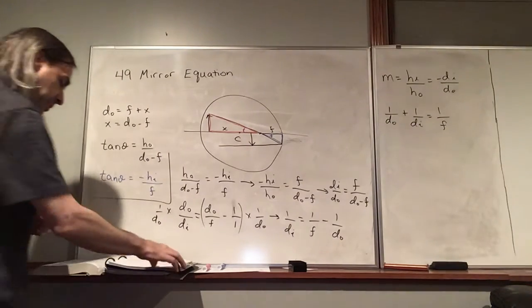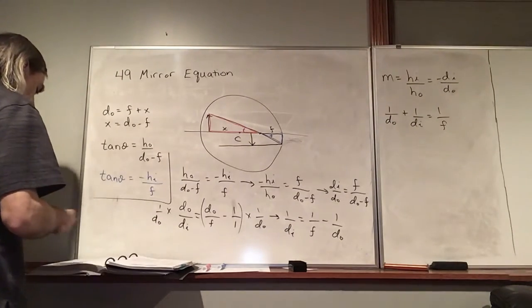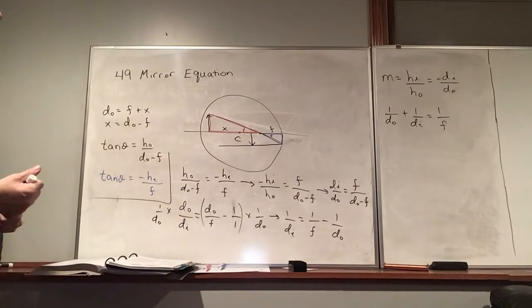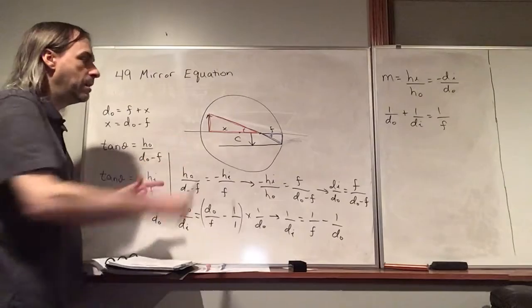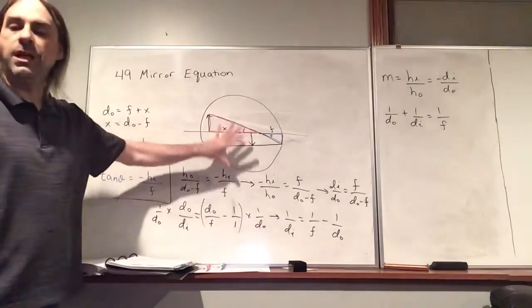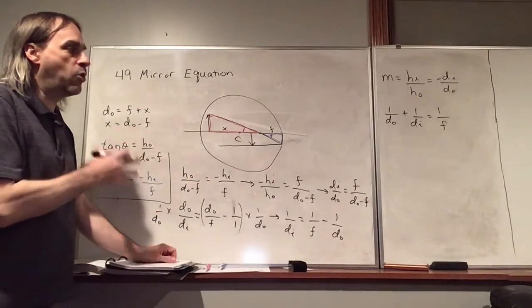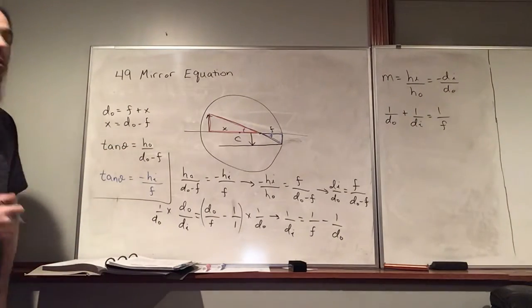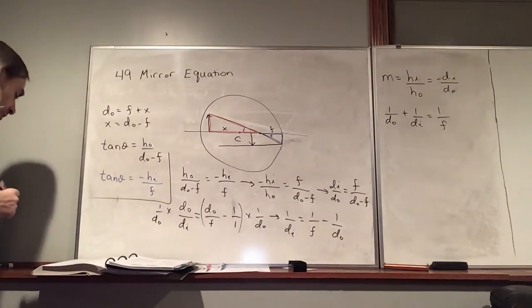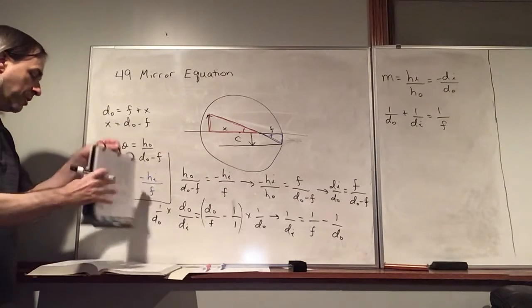Actually, let's see if I have the notes. Yeah, so we have the sign convention, which means we can consider different cases, like different types of mirrors and so on, where we can just use this equation for any spherical mirror. So just a couple examples.